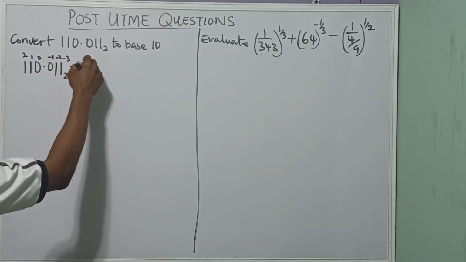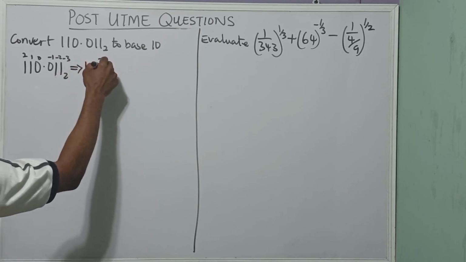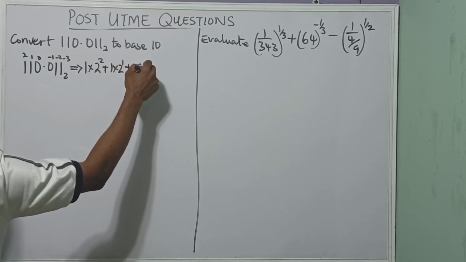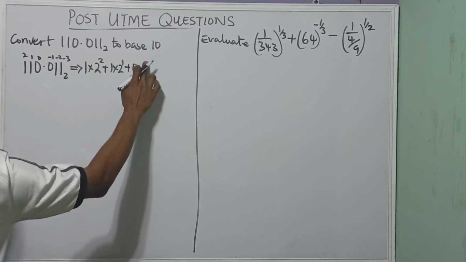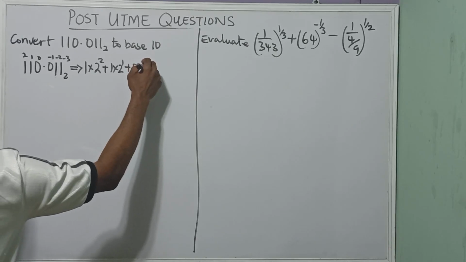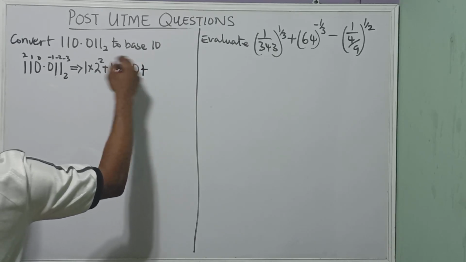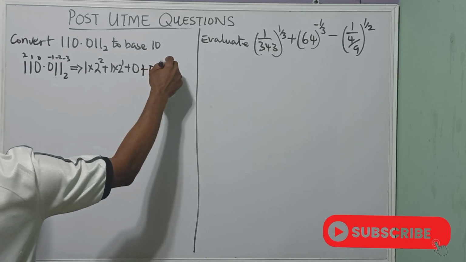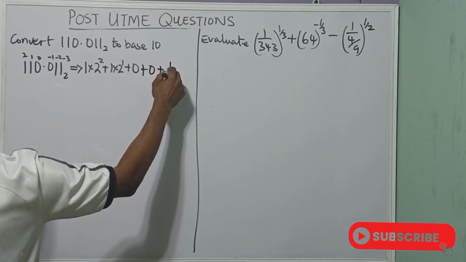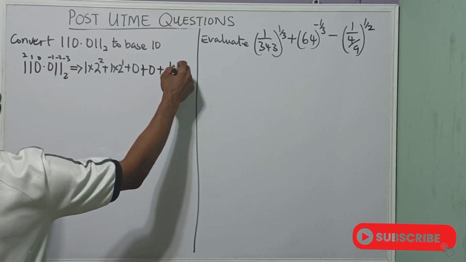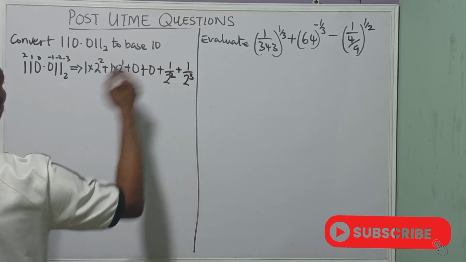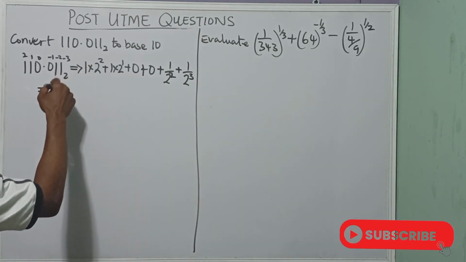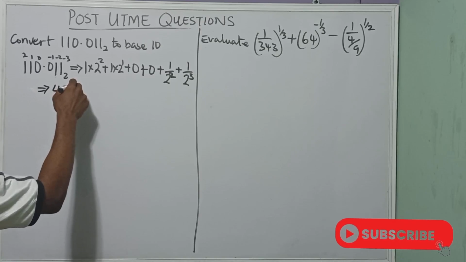So expanding this, we have 1 times 2 raised to power 2 plus 1 times 2 raised to power 1 plus 0 plus, now the point, we'll be adding plus 0 plus 1 over 2 raised to power 2 because of the negative plus 1 over 2 raised to power 3.